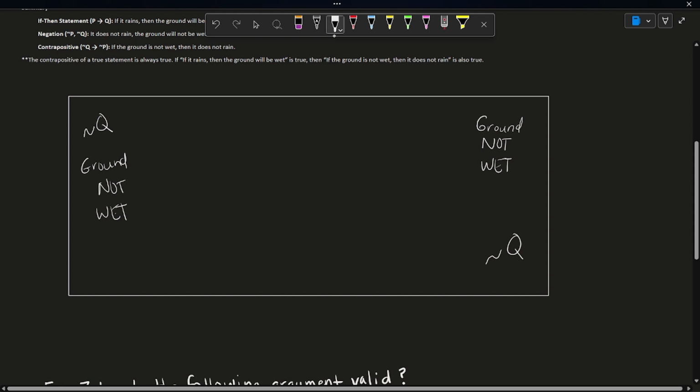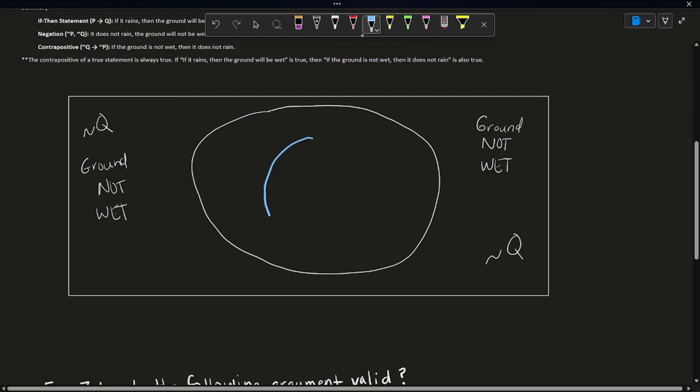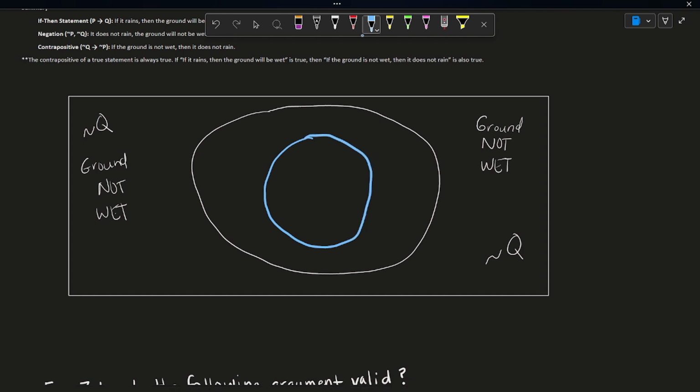And this Venn diagram is pretty easy. So we'll draw a big fat oval here. If it rains, right?